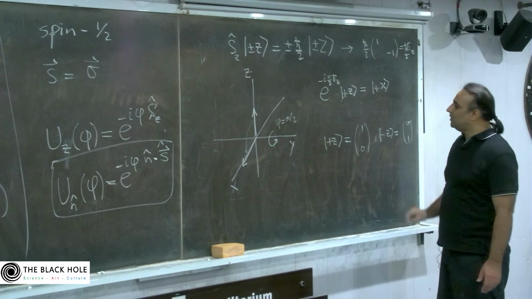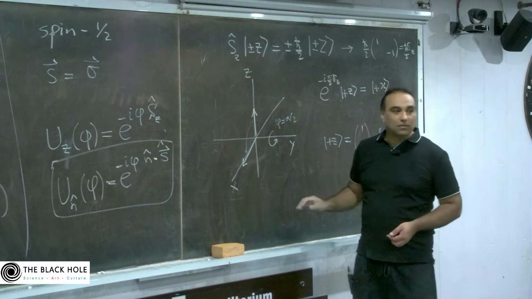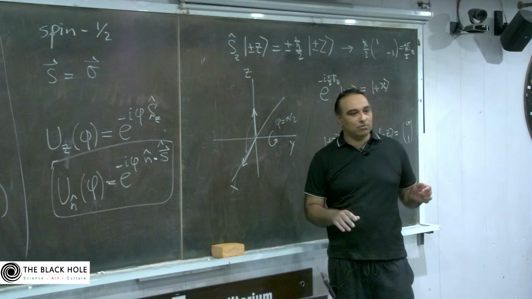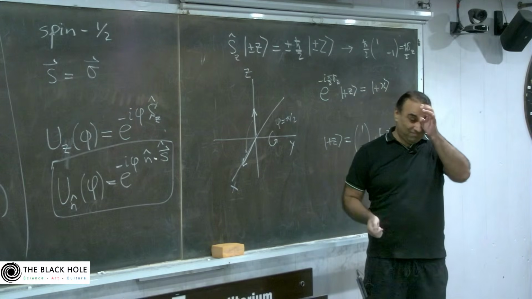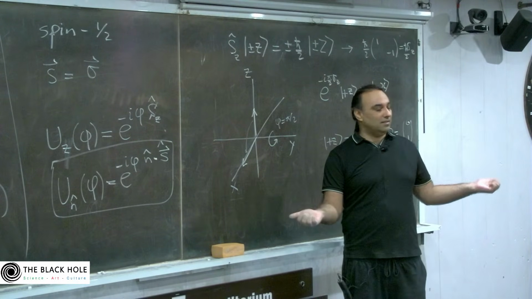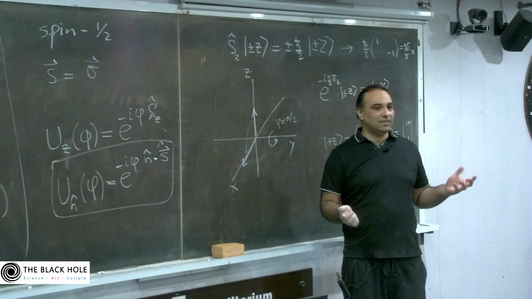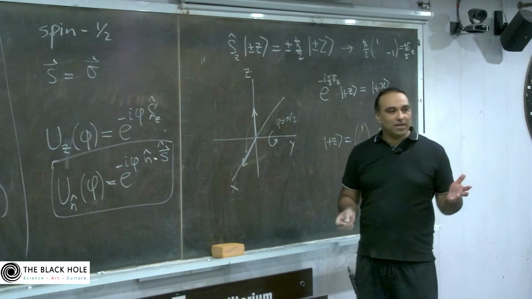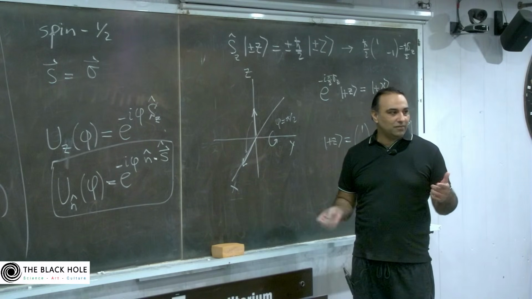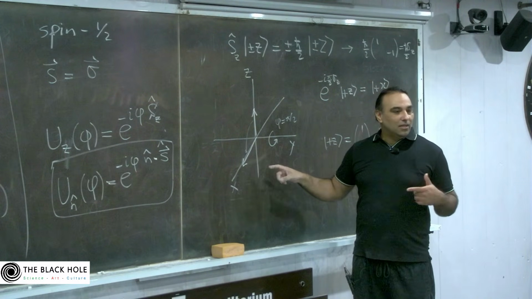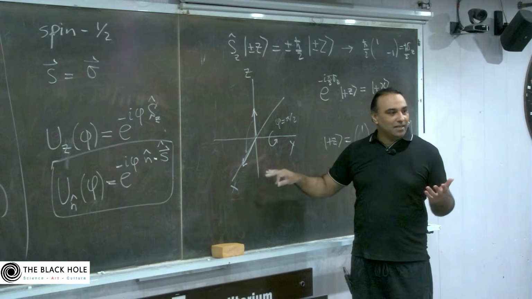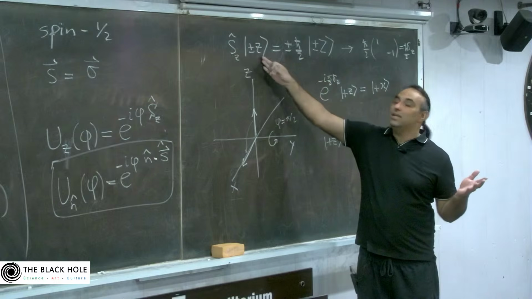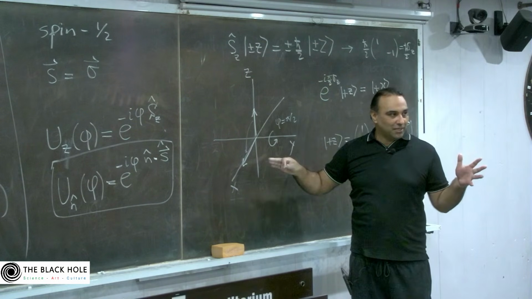0, 1. Now if you are anywhere in this xy plane and you look at the z, then z is kind of symmetric. That tells you that if you measure a component of your spin along any direction in this plane, you would get plus z and minus z with equal probability.